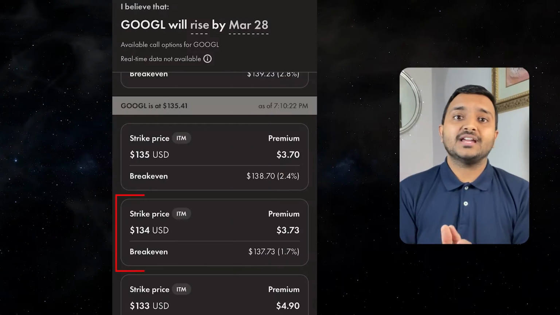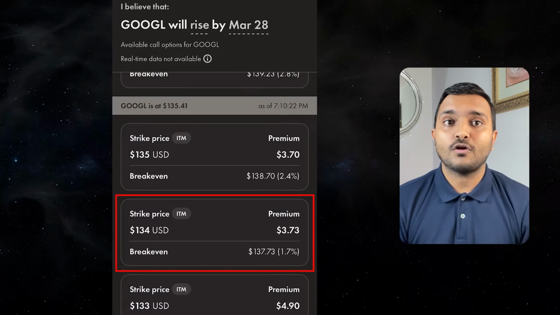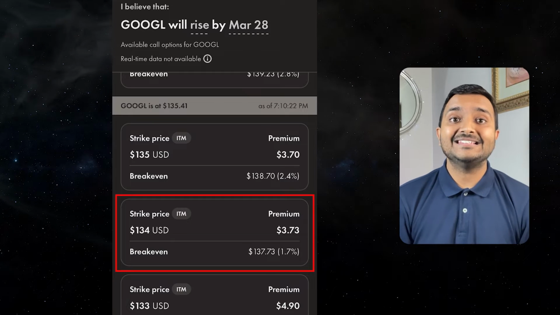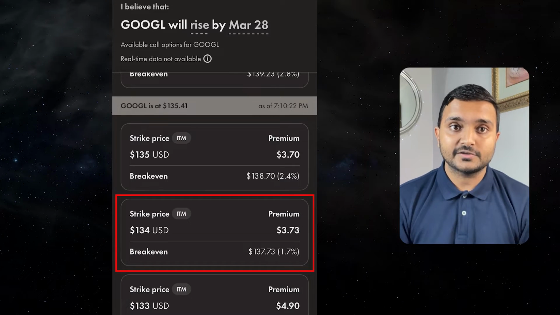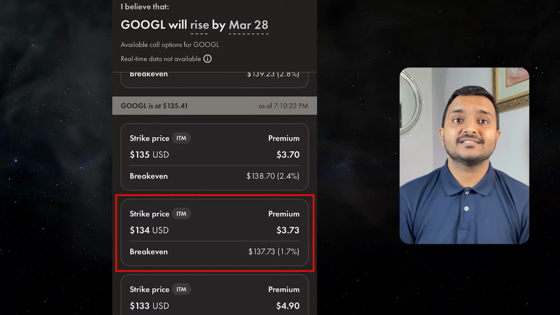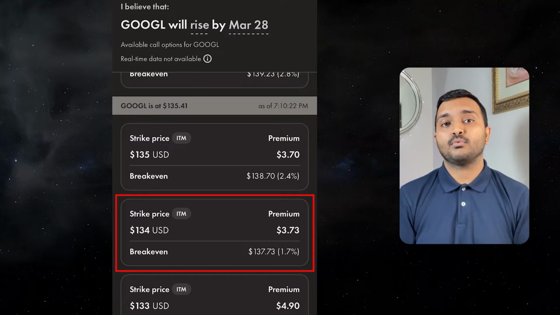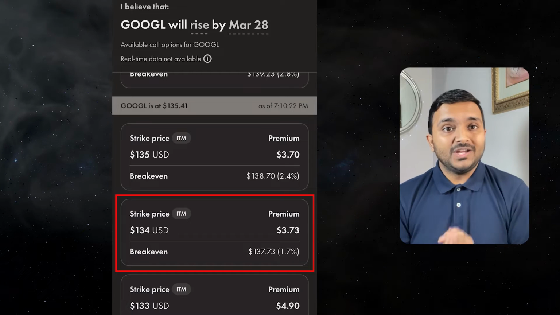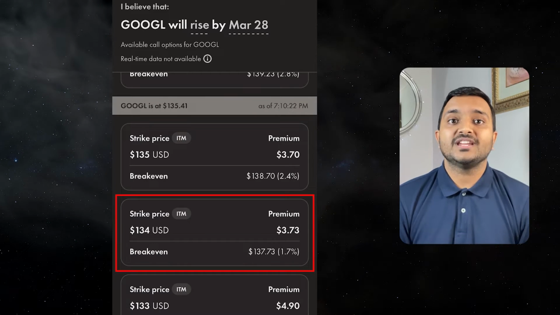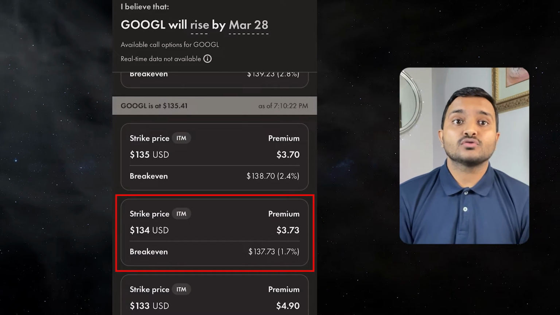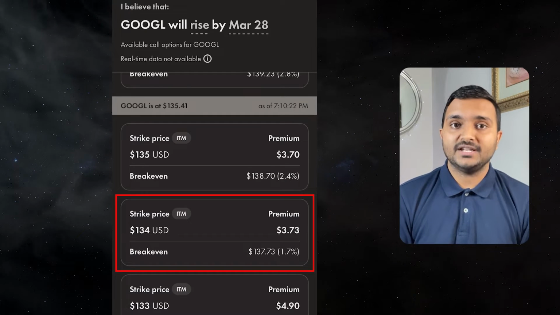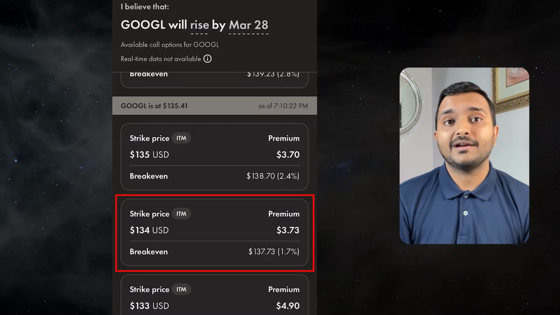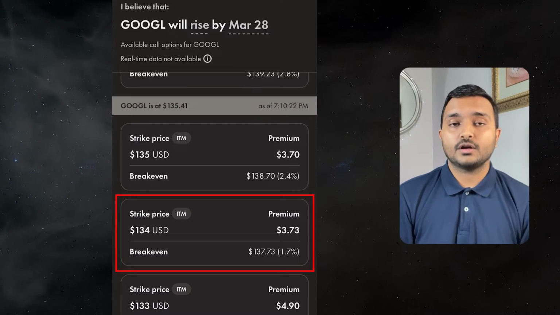So here in our case, if we choose the strike price of $134, the premium which we have to pay is $3.73, and the break even is at $137.73. So while it might seem like a quick win, it could end up costing more in the long run because of the higher premium and the break-even price. But of course, there is nothing wrong in choosing a strike price which is below the current market price of the stock.